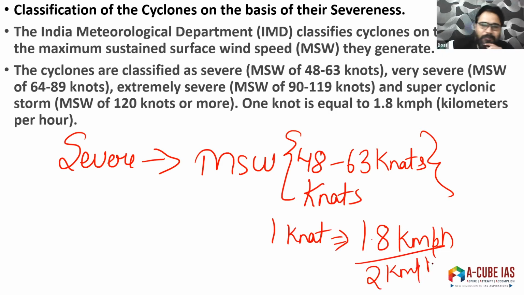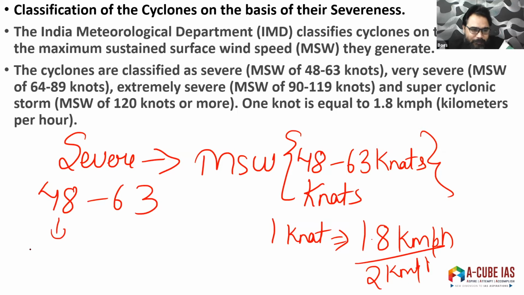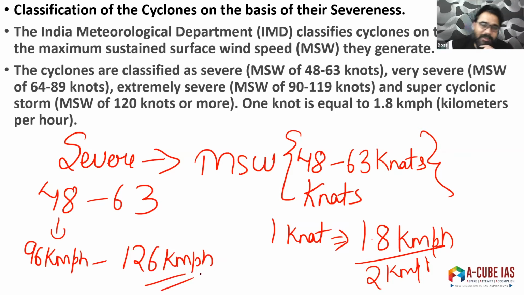So just imagine, the cyclones classified as severe are traveling at a speed of 48 to 63 knots. That makes it 96 kilometers an hour to 126 kilometers an hour. Just imagine the movement of the winds is so high.